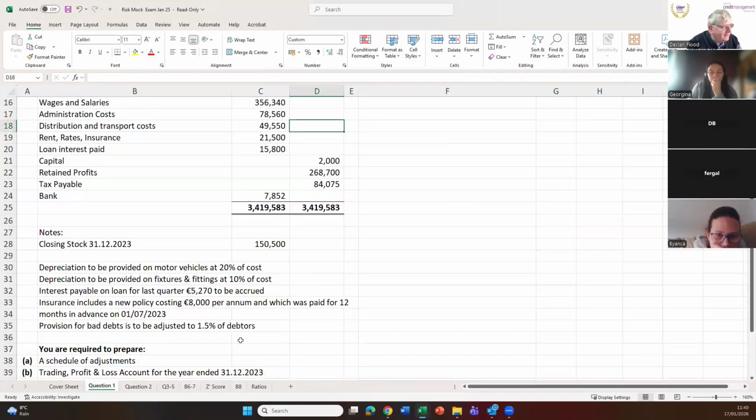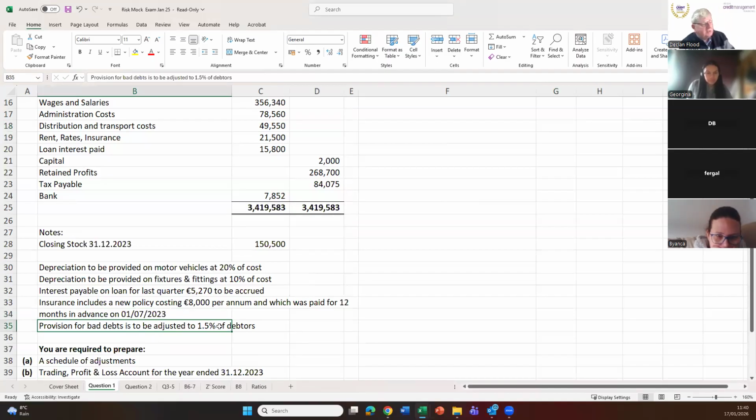And then from a bad debt perspective, it says provision for bad debts is to be adjusted to, now watch the adjective there, it might say adjusted by or to. So it's saying the provision for bad debts is to be adjusted to 1.5% of debtors.